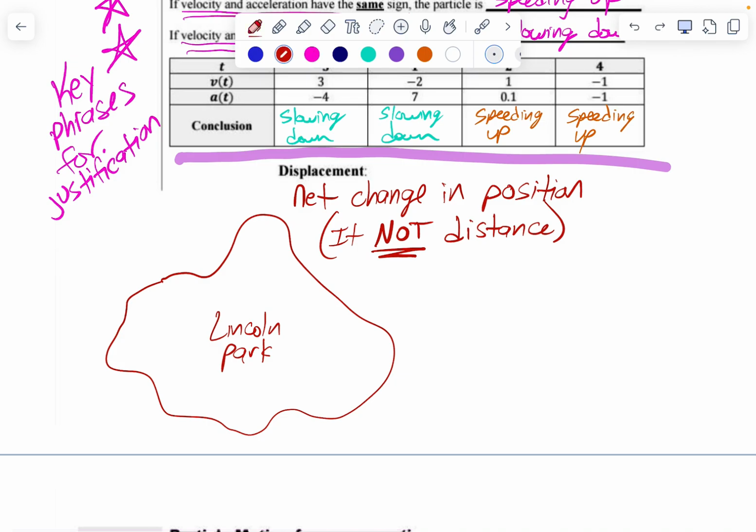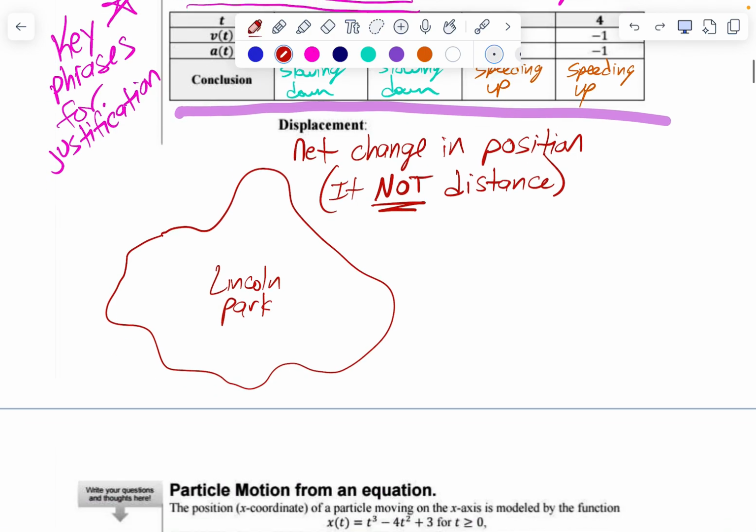Thinking left, right, negative, positive: if you ran around and stopped right here, your displacement would be positive, like a positive half mile. But if you stopped on the other side, your displacement would be negative 1/2 mile.